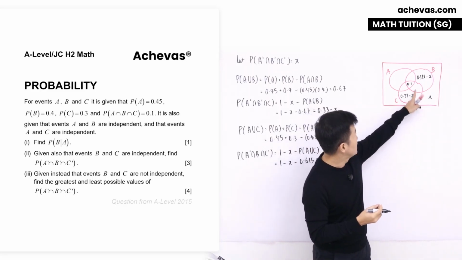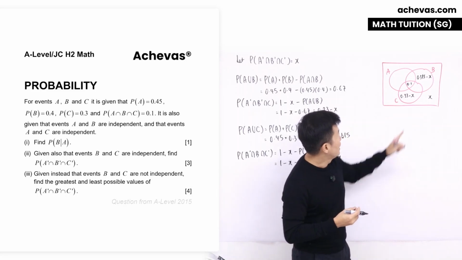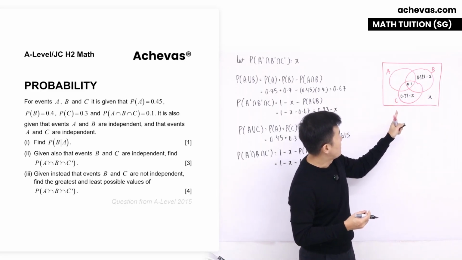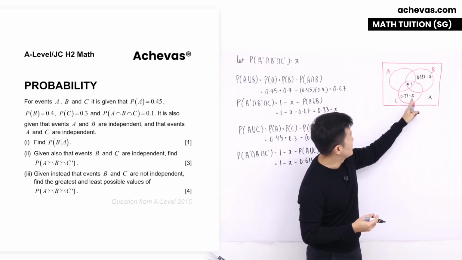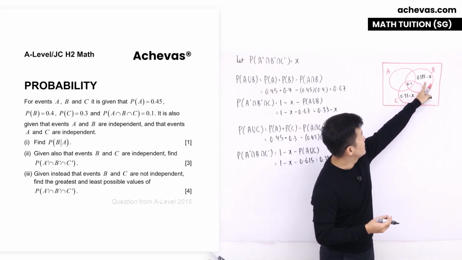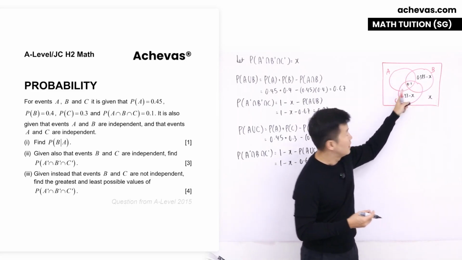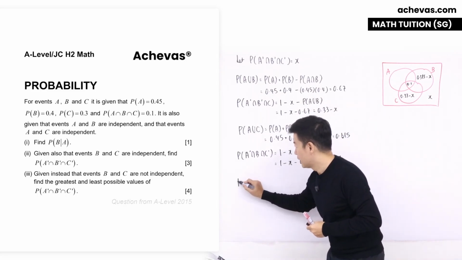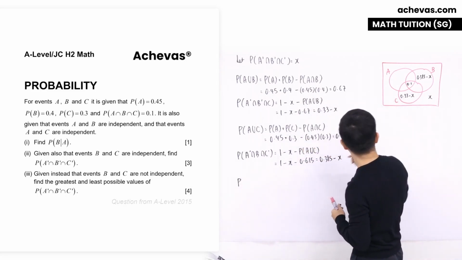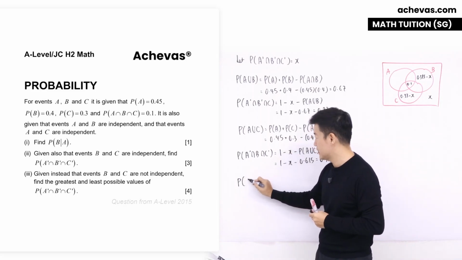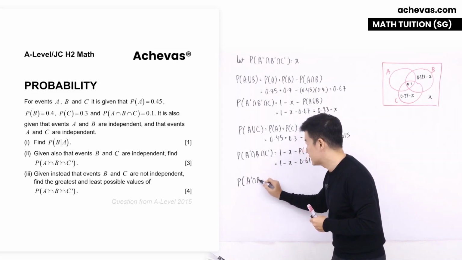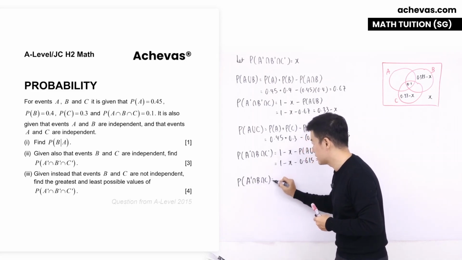There is actually one more region that I know I will be able to relate back to X, which is this region here. To find this region, what I'll do is take everything, which is 1, minus away X, minus away this, and minus away the probability of A. Symbol-wise, this region is the probability of the region that is outside A and inside B and inside C at the same time.